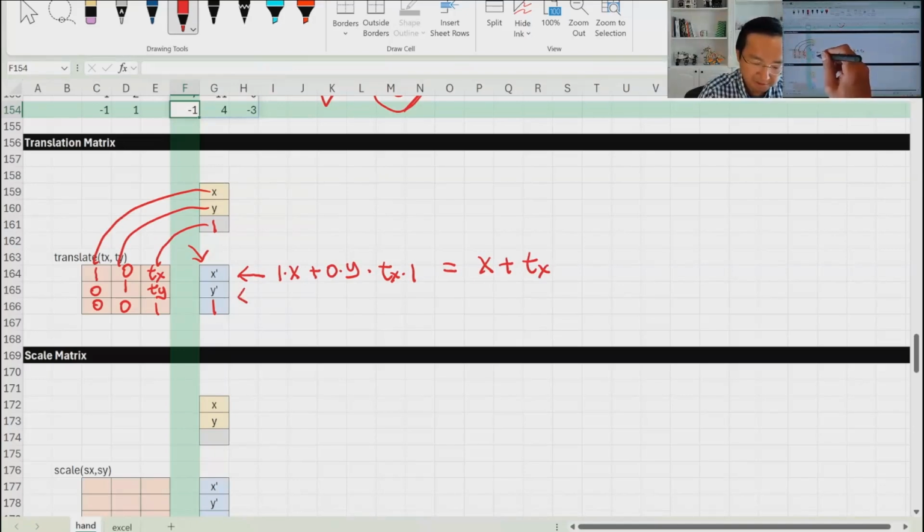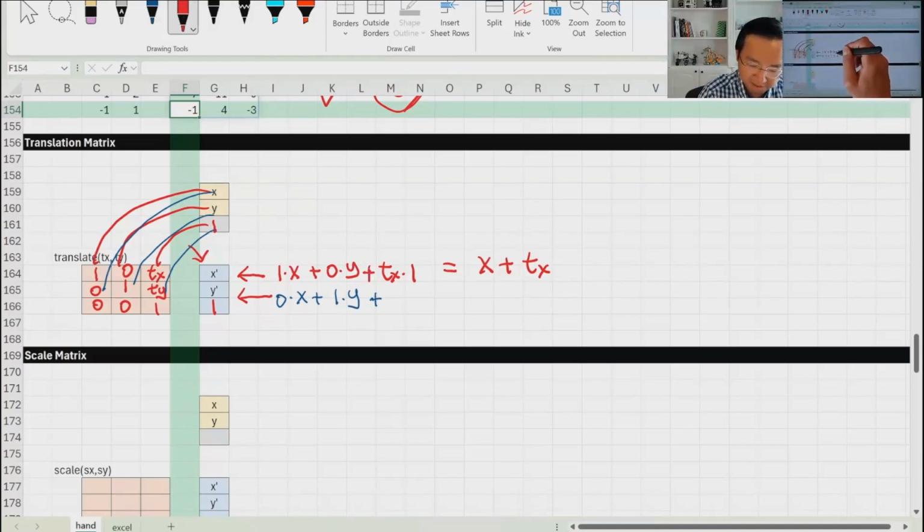Then we similarly do this one, but we're going to match again. So now we're going to match this. I realize it's very hard to see, so I can use a different color, blue: this and this and this, okay? So we're going to have 0 times x plus 1 times y plus. Actually, I realized I made a mistake here.